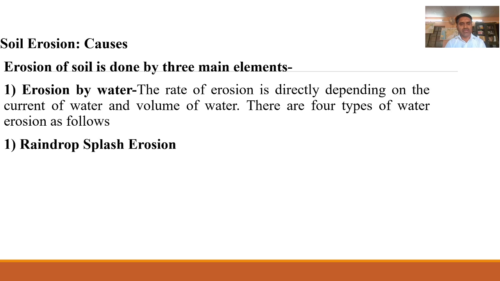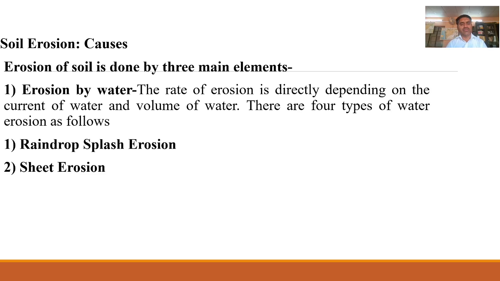Whenever these raindrops fall on the surface of the earth, they fall very rapidly, and due to their weight, or due to the hammering of these raindrops, the cohesiveness of the soil particles gets broken, and that is the cause by which soil erosion occurs.